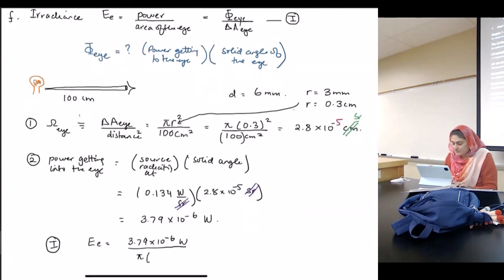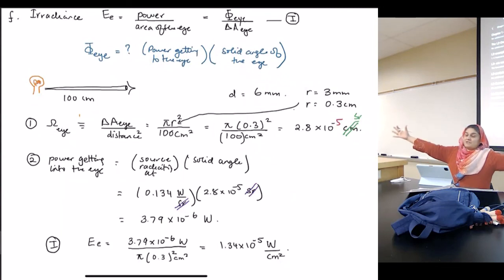Pi times 0.6, oh, 0.3. You're right, 0.3 squared. That will be a pretty tiny number. 0.34 times 10 to the negative 6 watts, this would be centimeters squared. Oh, I'm glad we never converted it. So out of all of that radiation, the amount that's getting to our eye is kind of tiny.